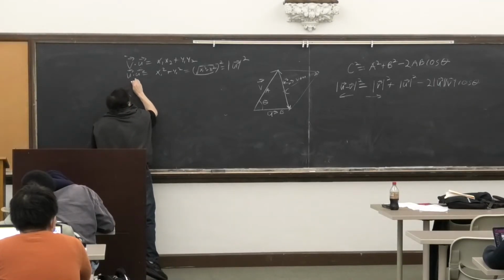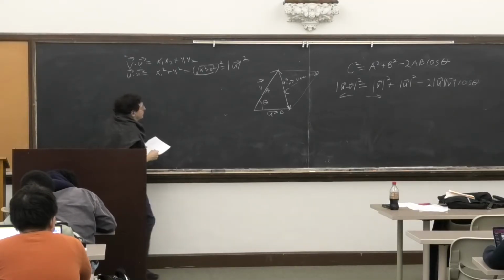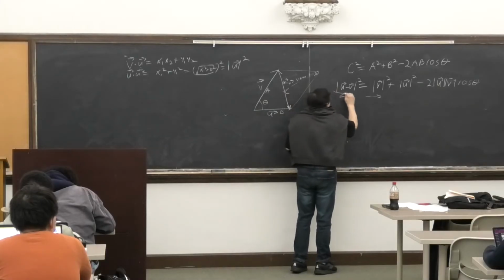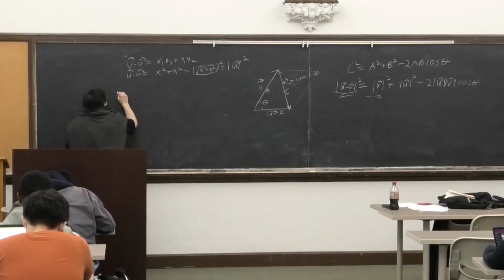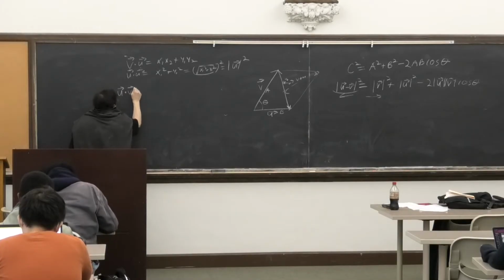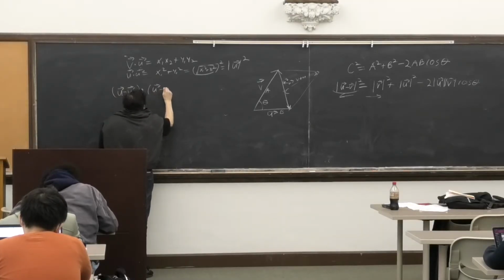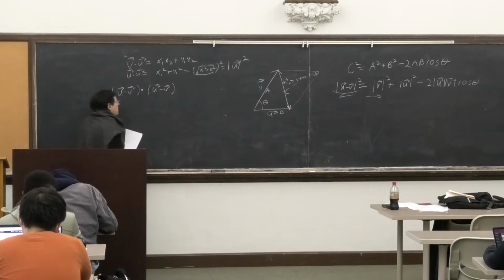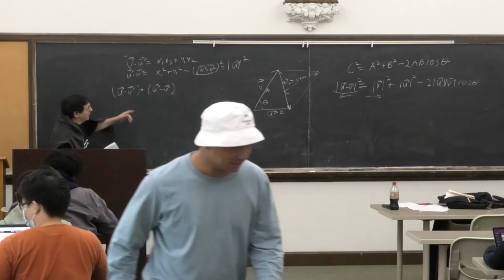I'm sorry, this is the norm of u squared is u dot u, right? Ah, okay, now I know where I'm going. So this fellow, the norm of u minus v squared, is just u minus v dot u minus v. This is now the left side of that equation.